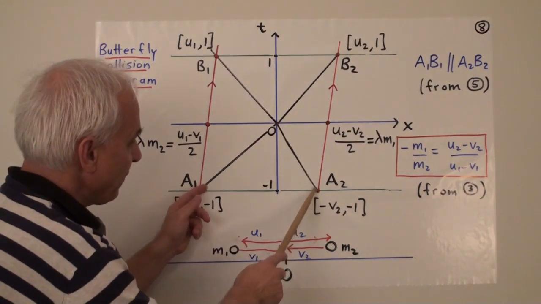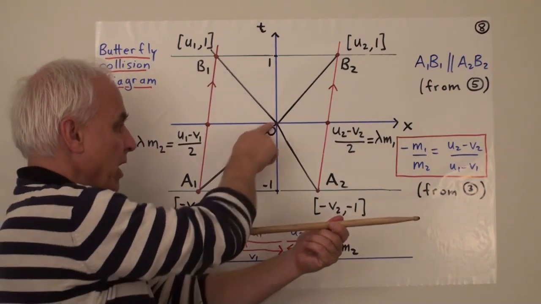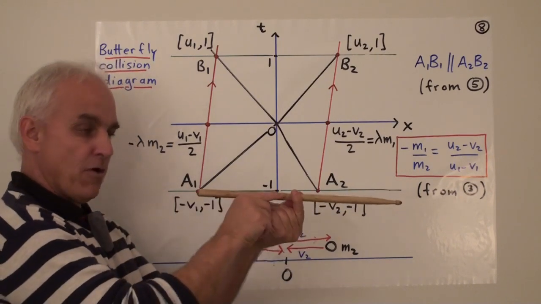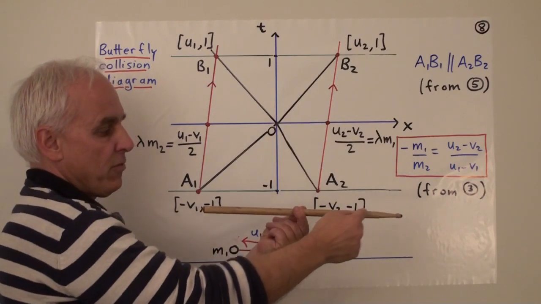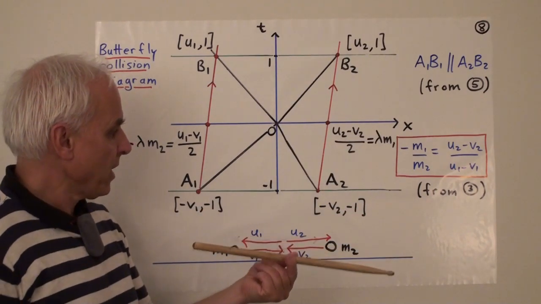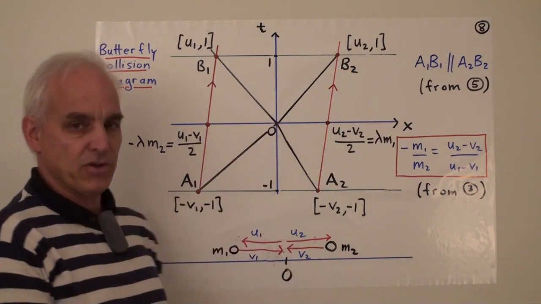The world lines of these 2 particles are represented by these 2 lines. This is the world line of the particle that's moving towards 0 from the left, and this is the world line of the particle that's moving towards 0 from the right. This one's a little bit closer to horizontal, so it's faster.